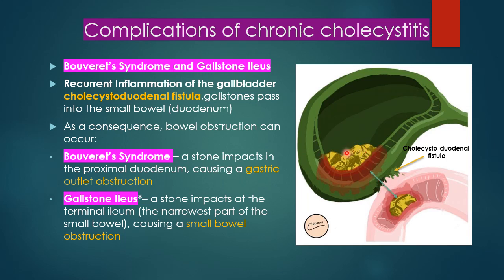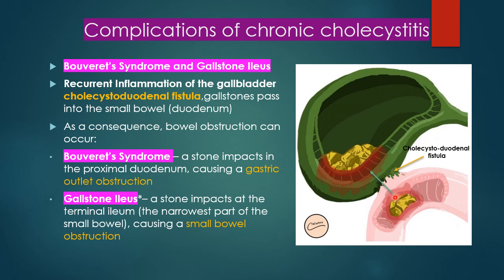And stones from the gallbladder, due to pressure necrosis, create a fistula between the gallbladder and the duodenum. This is the first part of the duodenum. As a result, a cholecystoduodenal fistula forms, through which stones from the gallbladder pass into the duodenum.